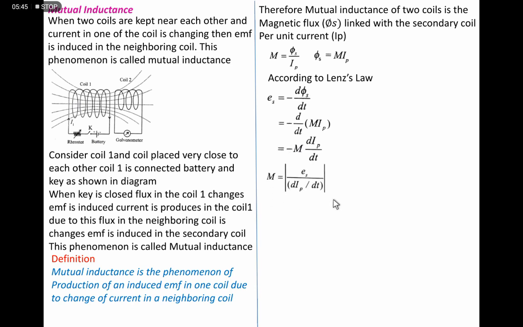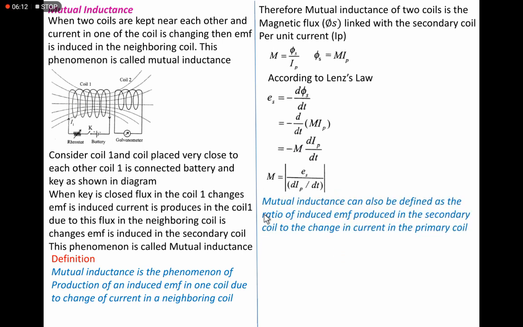As we studied in self inductance, this ratio gives us the mutual inductance: the ratio of the EMF induced in the secondary to the change in current in the primary with respect to time.